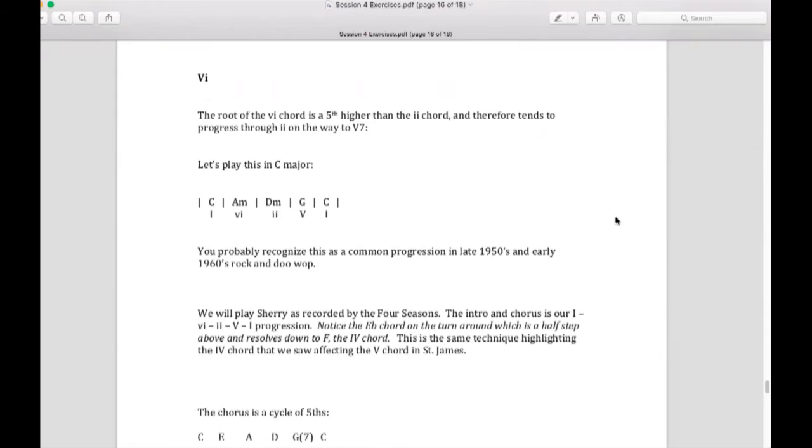So the idea is we'll play C, play A minor, that's your 6, 2 is D minor, 5 is G, and 1.